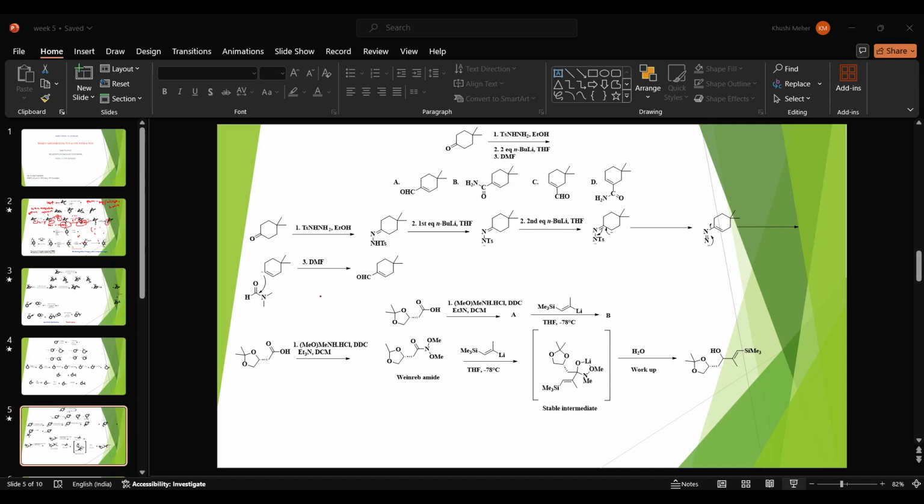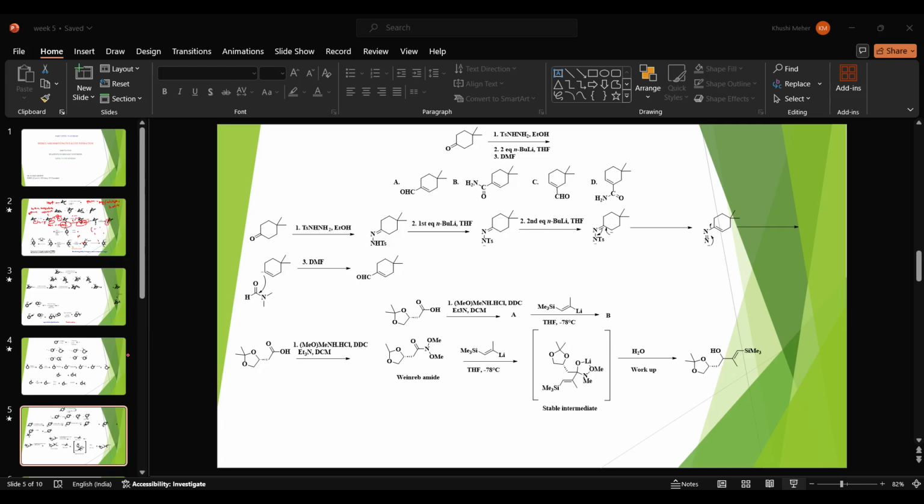And in this reaction, what will happen first? You see, the carboxylic acid will react in the presence of DCC, because DCC will activate our carboxylic acid and form an ester.